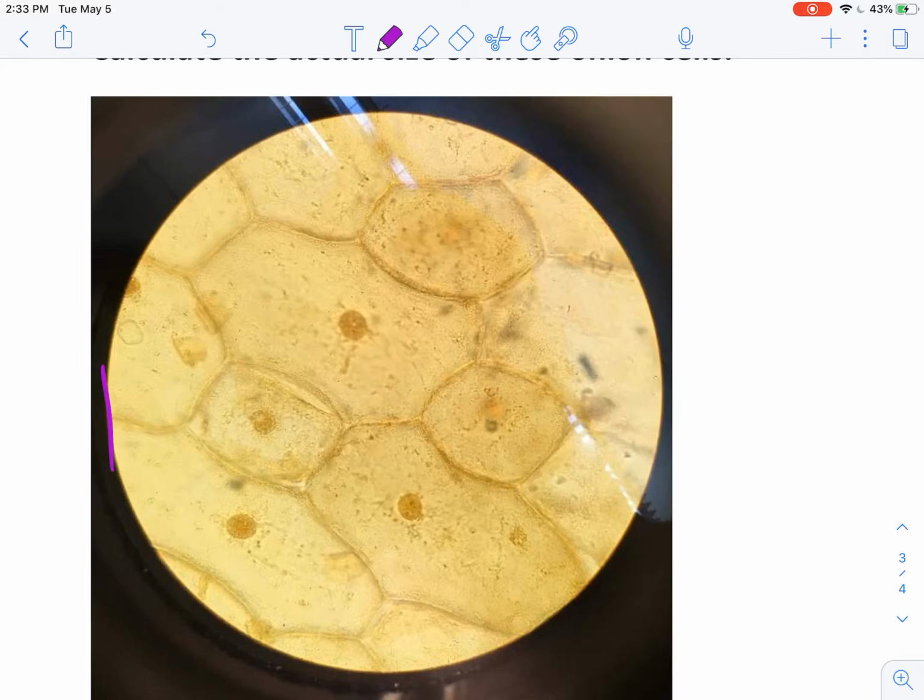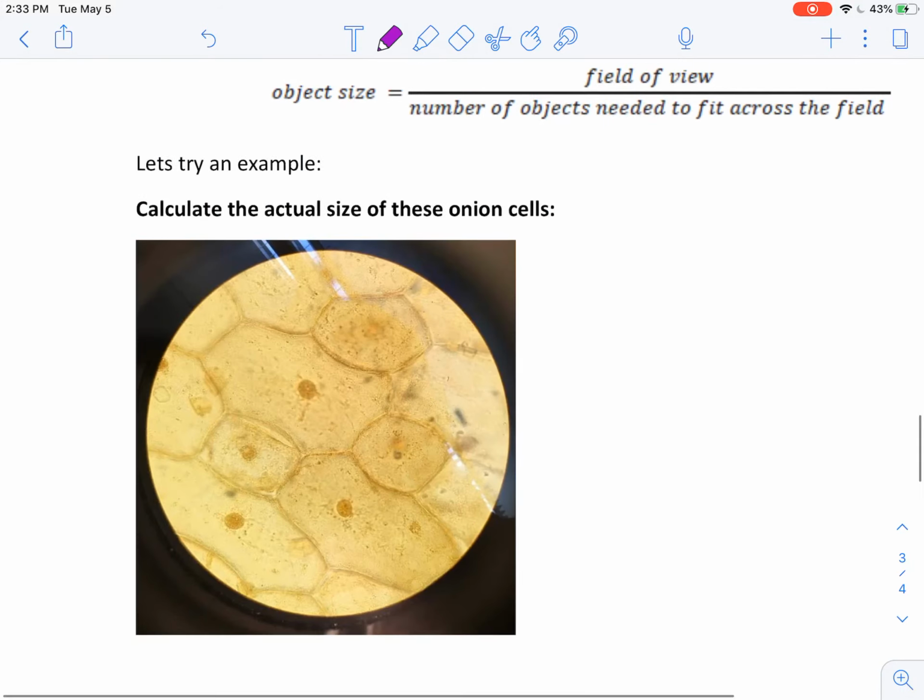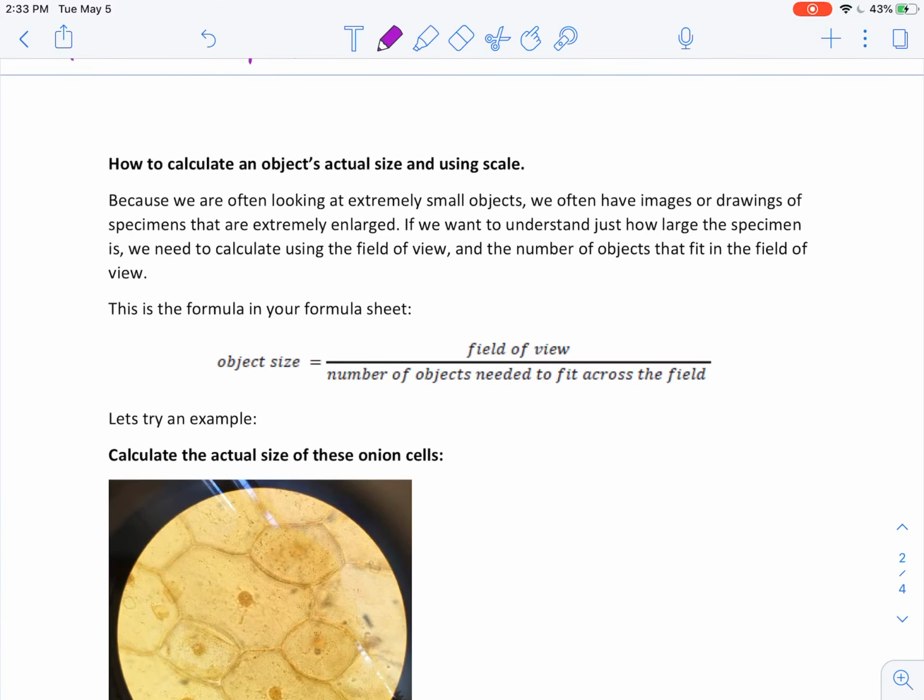Now, this one is made up of multiple, but we can use the amount of cells that fit this field of view to solve for how big the onion cell is. So, the formula for object size in your formula sheet is the field of view divided by the number of objects needed to fit across the field.